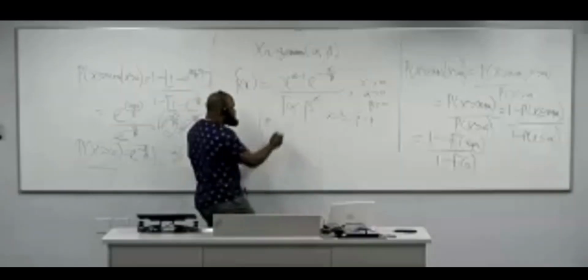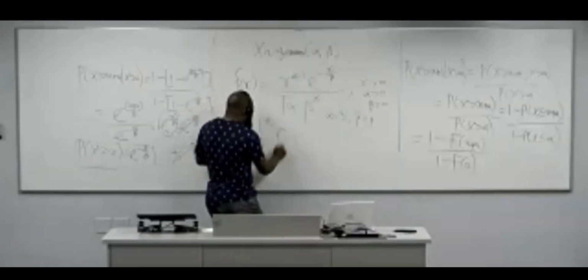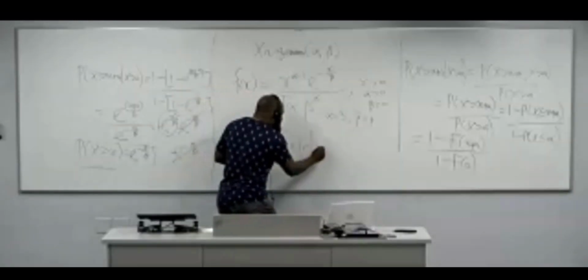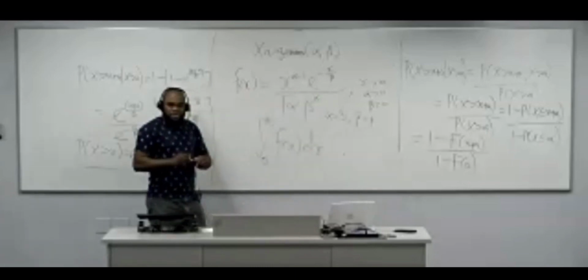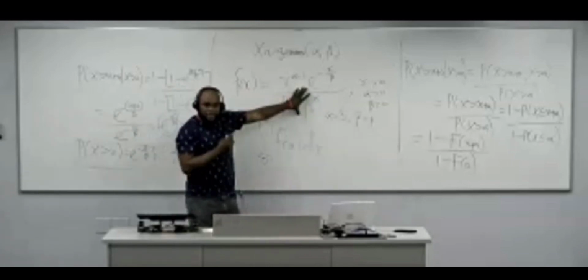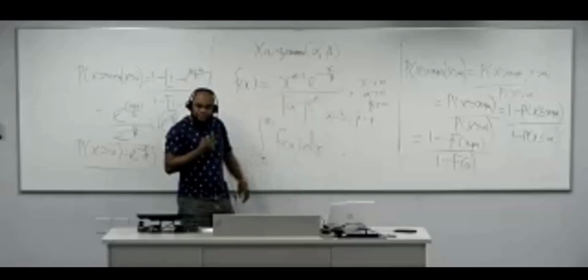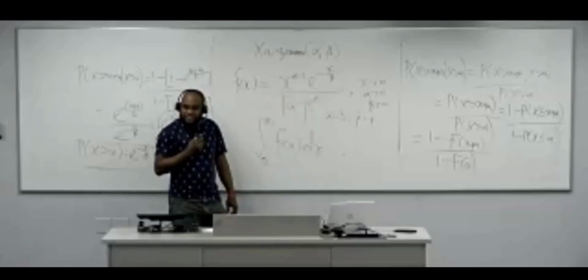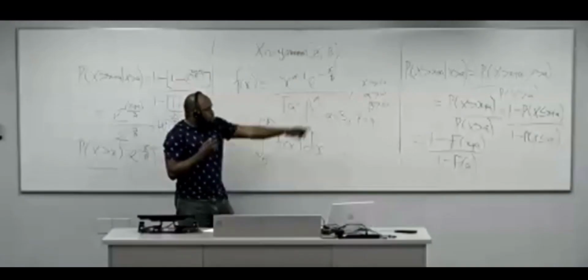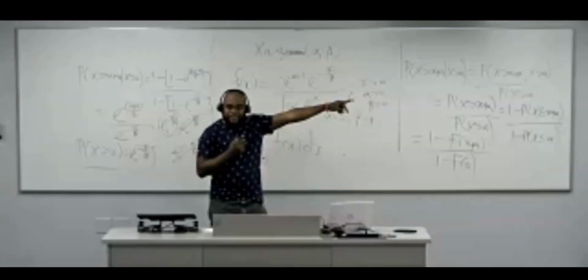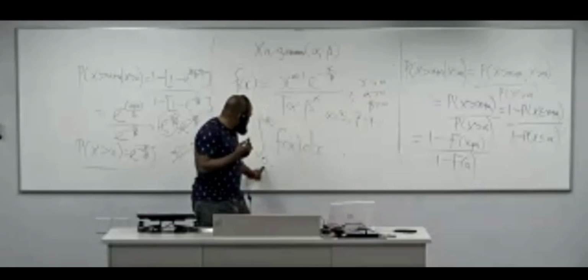You understand what I mean? You want to integrate this f of x dx. That is what you want to do. Then you're going to make use of the resulting function after plugging in the values of alpha and beta. Does that make sense? No longer than 10 is at most 10, so you're going to start from 0 and head to 10.